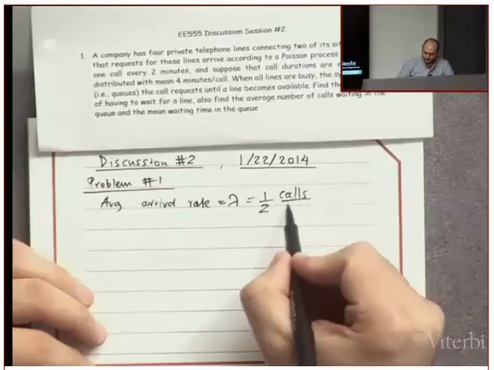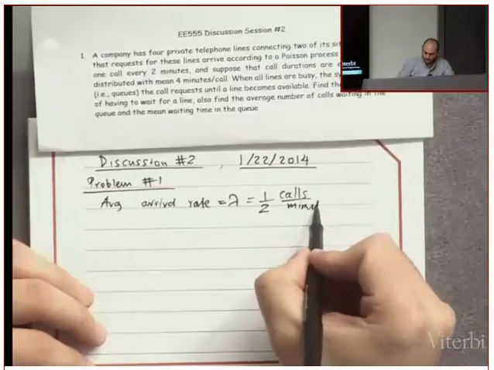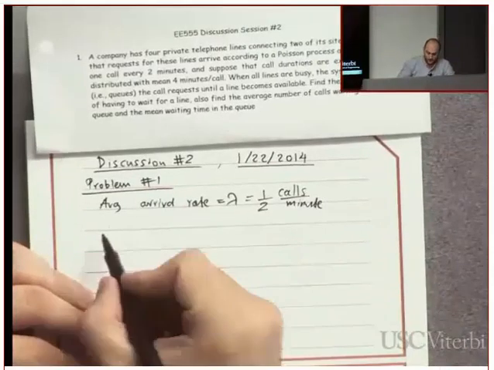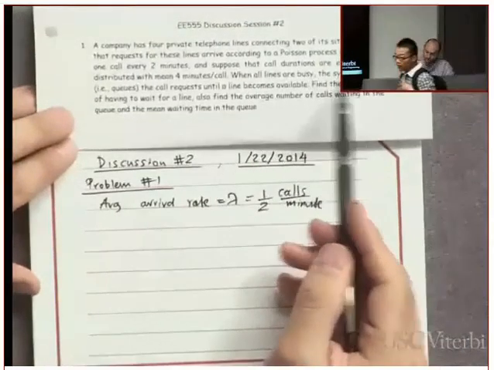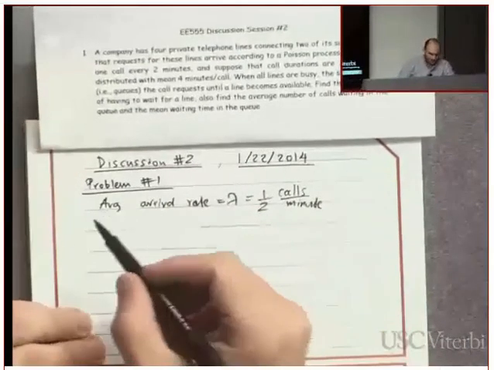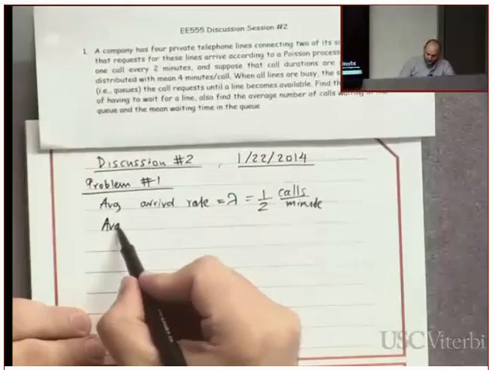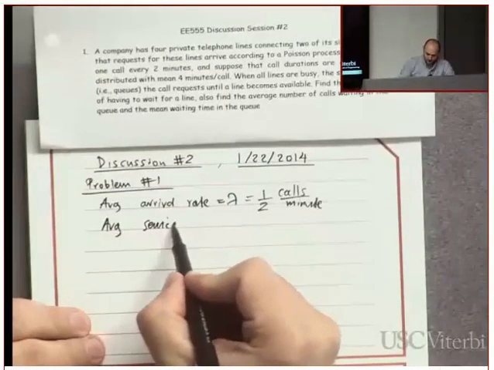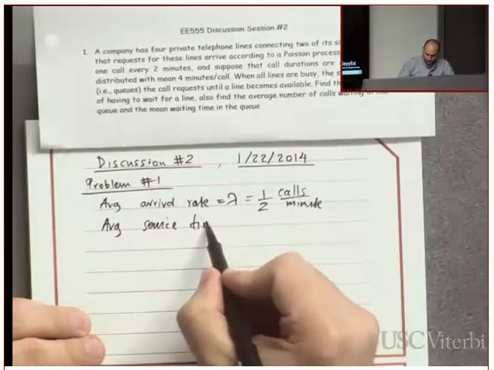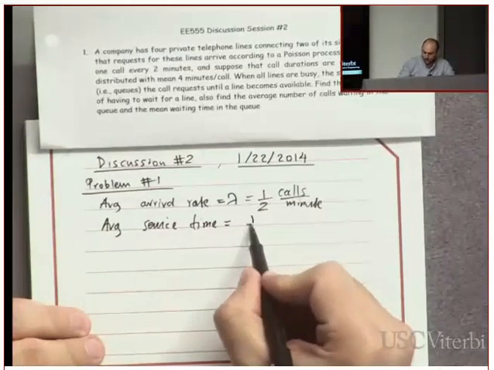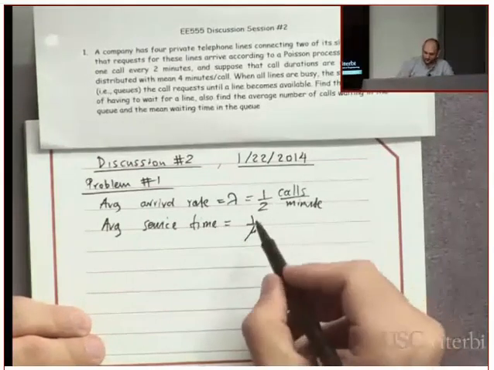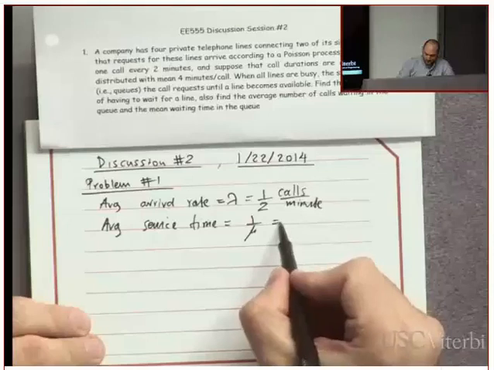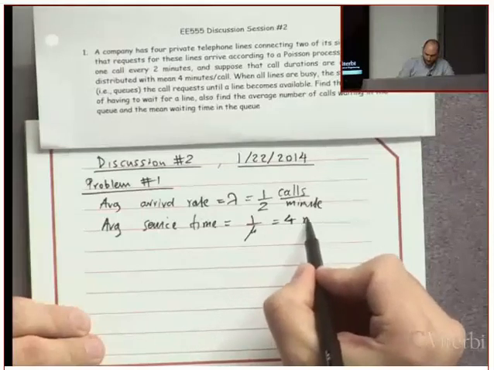It's also given that the durations are exponentially distributed with mean 4, which means that the average service time, as we call it in queuing theory terminology, equals 1 over mu, because it's time versus service rate, and this is equal to 4 minutes per call.